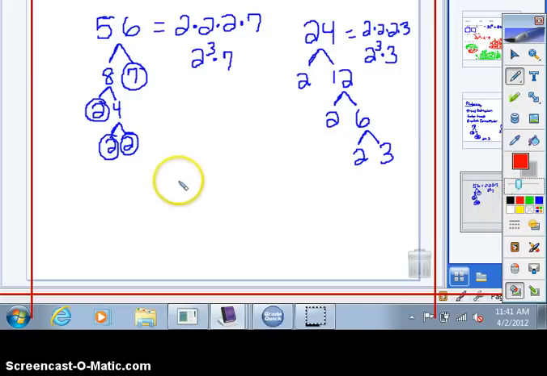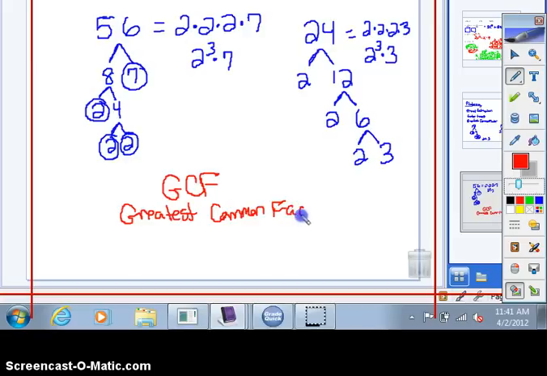If you want to find the GCF, or the greatest common factor, you would have to find the greatest common factor of 56 and 24. Well, what do they share?